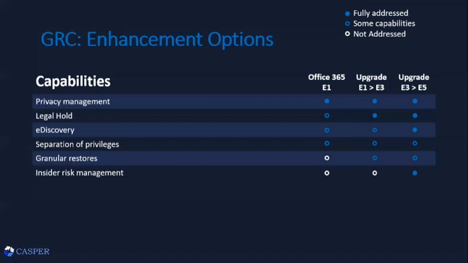So for governance, risk, and compliance, which is important to most organizations today, maybe you have certain data protection policies that guide your organization. You might have certain things that you're looking to achieve from a data protection perspective that might be implied based on the type of business that you are running.